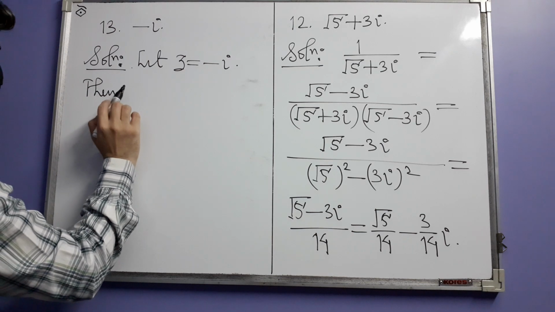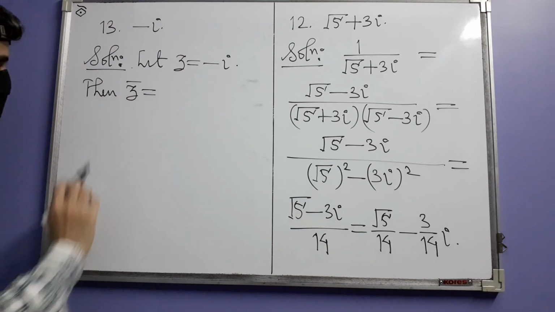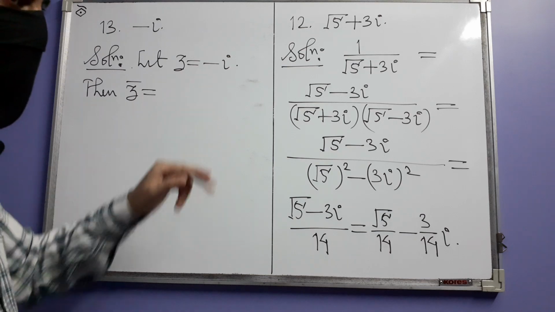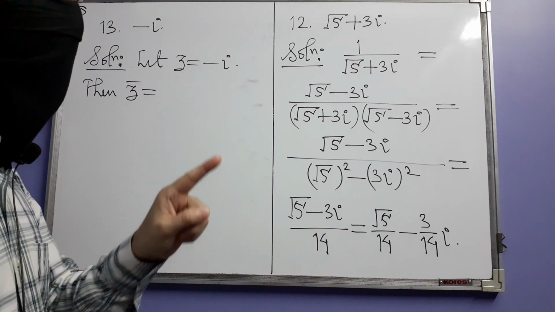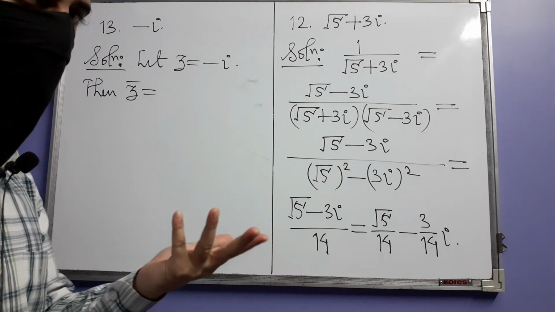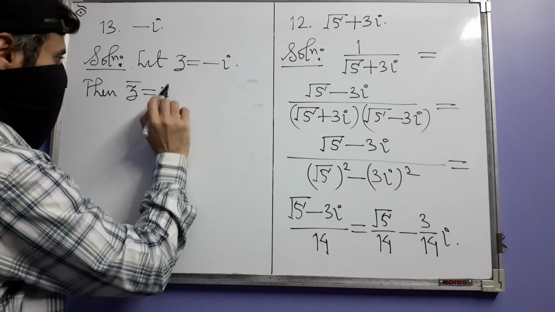Then, what is the complex conjugate? That will be obtained by changing the sign of the imaginary part. The imaginary part here is minus 1. So that means now it will be plus 1, and so the number will be i.